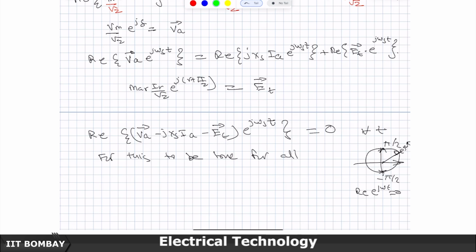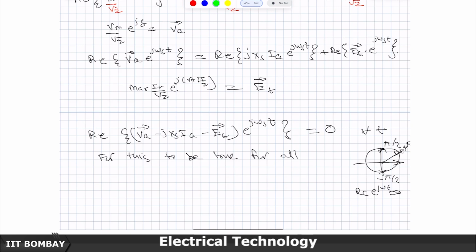But if you say that this is not 0, write it as a complex number, magnitude angle e to the power j phi or something like that, push it into this, then substitute e to the power j omega s of t plus phi to 2 pi or something, and show that at that point its value is actually non-zero.